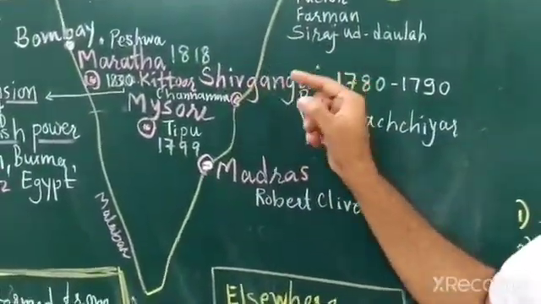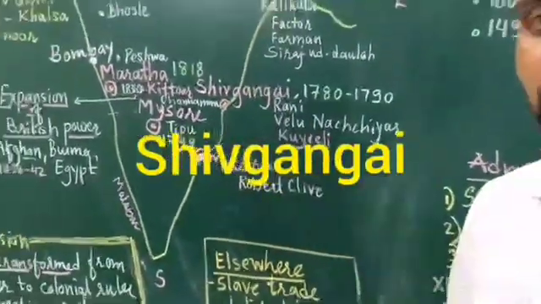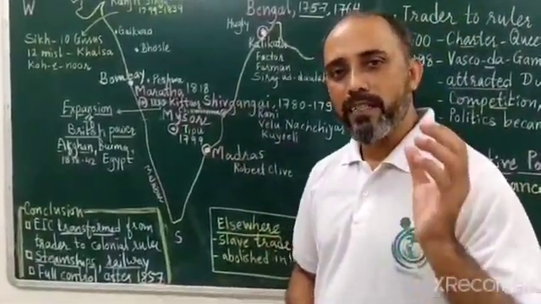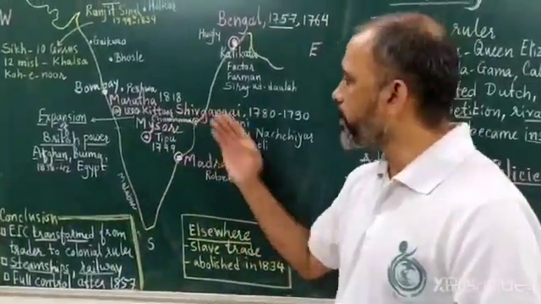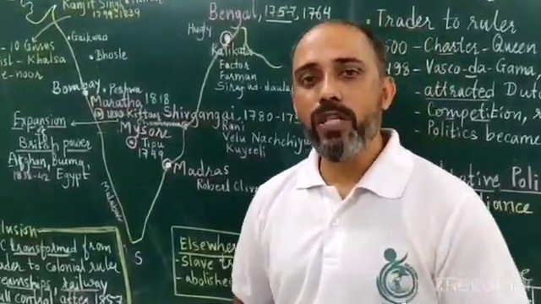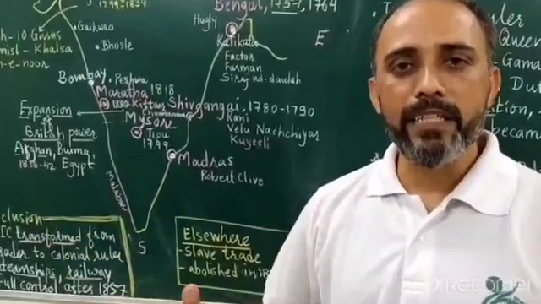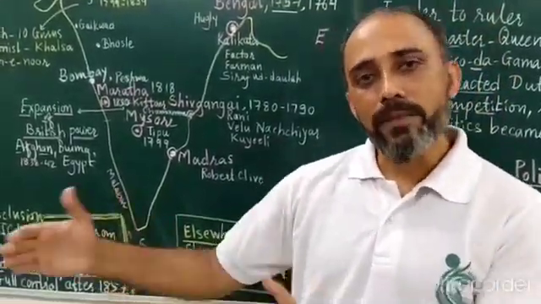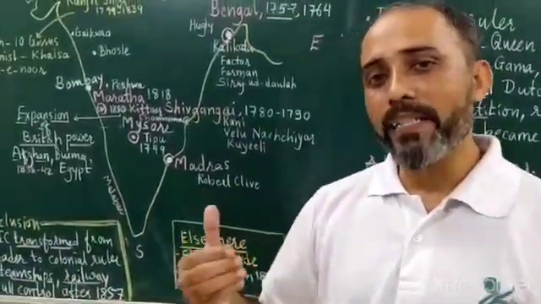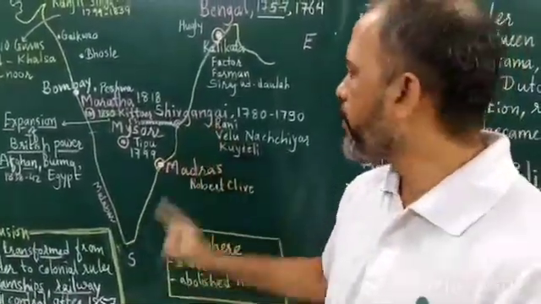There was one important kingdom called Shivagangai, which was ruled by the Nachiyar dynasty. The king was defeated and killed by the British company when they waged war there. But his wife, Queen Velu Nachiyar, and other ministers escaped from their kingdom and took asylum in a neighboring state, and from there they reorganized their military and fought back with full vigor and full strength against the British.